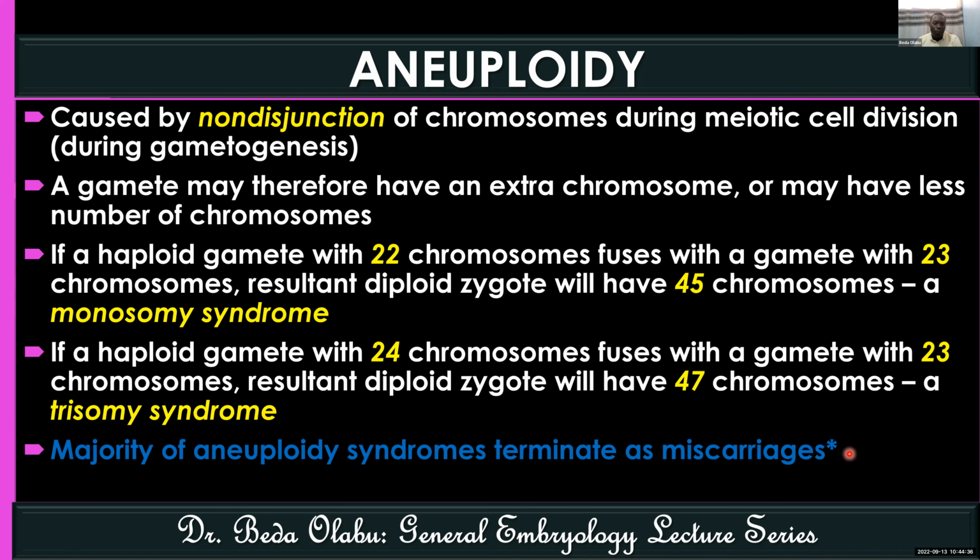Most of them, you may not even know that you conceived, because they'll just last the first few days after conception. Even before you miss your period, the conceptus has already involuted because of genetic disorder. So the majority of aneuploidy syndromes terminate as miscarriages.